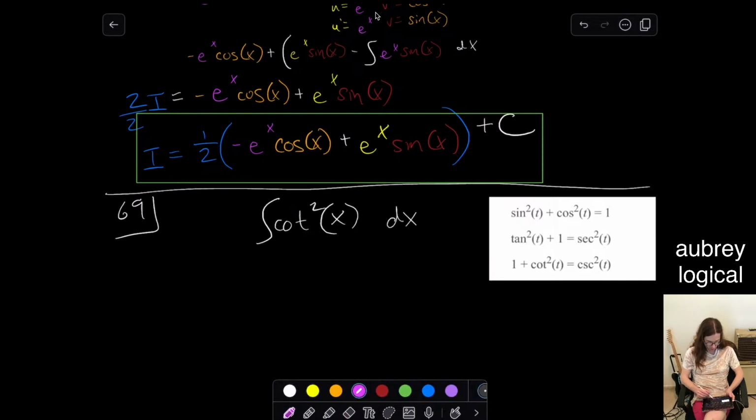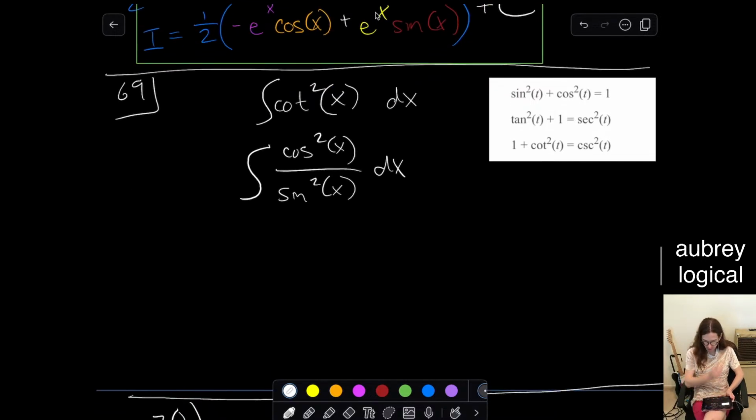What we're going to want to do in this instance is see the fact that cotangent is equal to cosine over sine. So this is equal to this. Now, let's see, do we have a function and then its derivative on top?